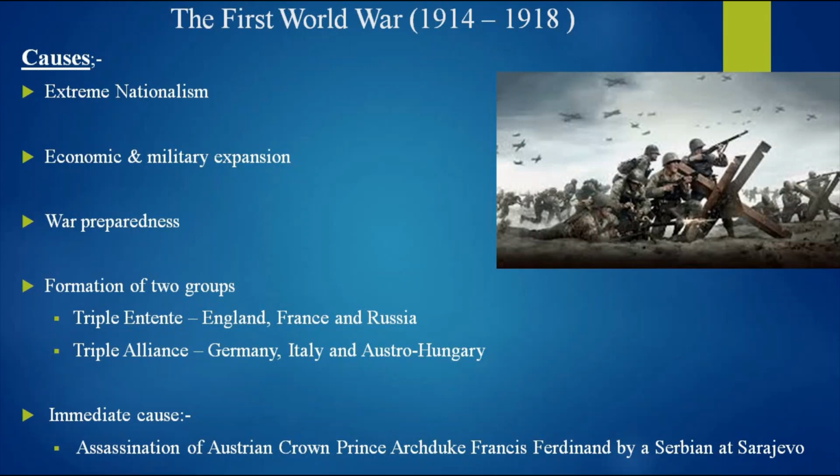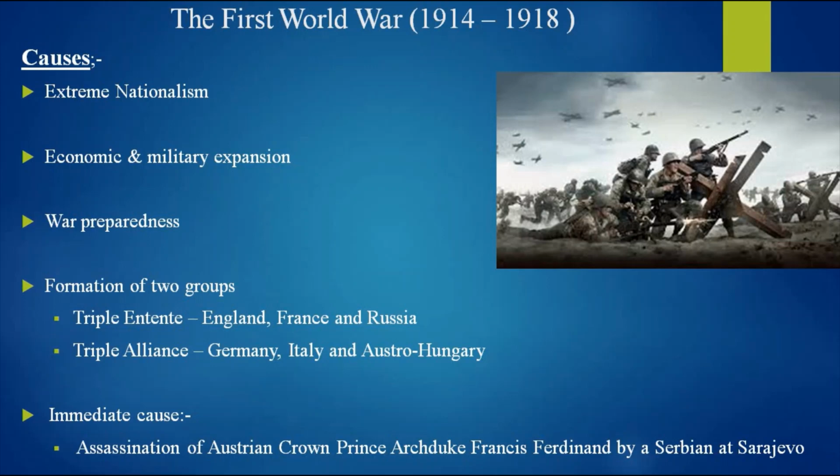Next, economic and military expansion. To develop their economy, countries thought they had to go to other countries and make them colonies, and expand the military to occupy those colonies. European countries were fighting each other for supremacy, competing to have more and more colonies, especially in Africa and Asia.